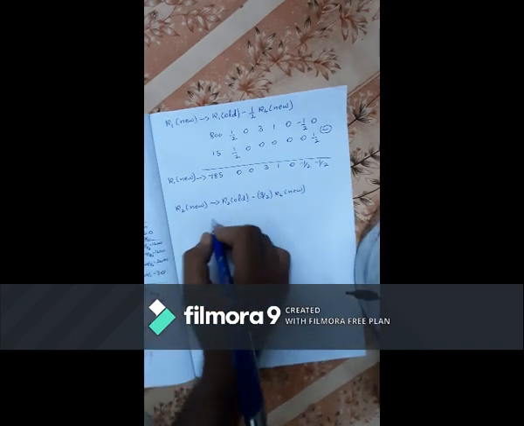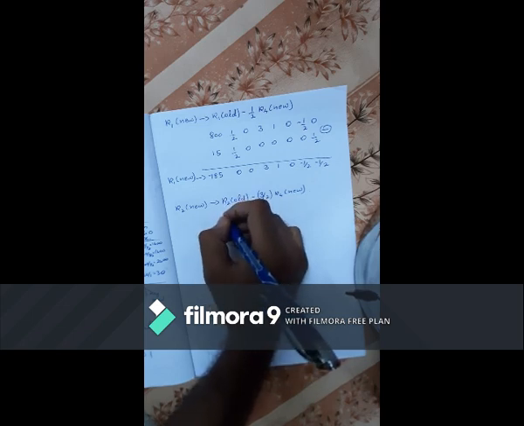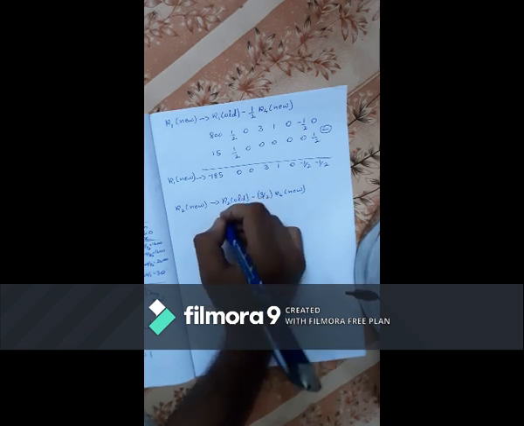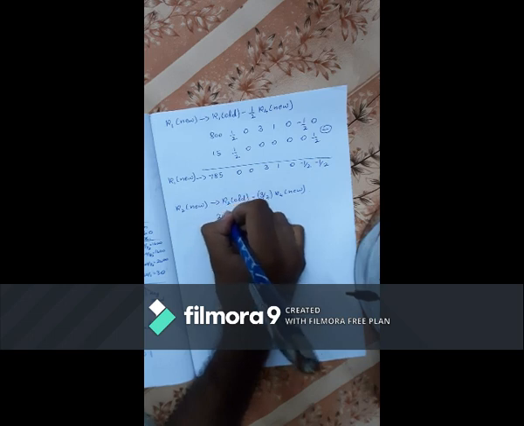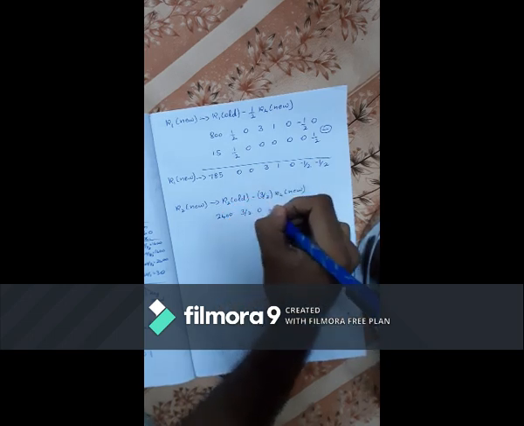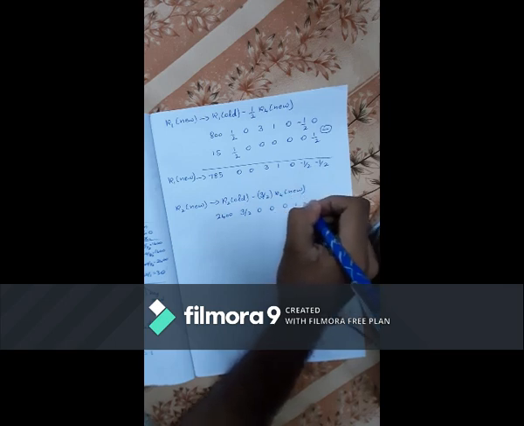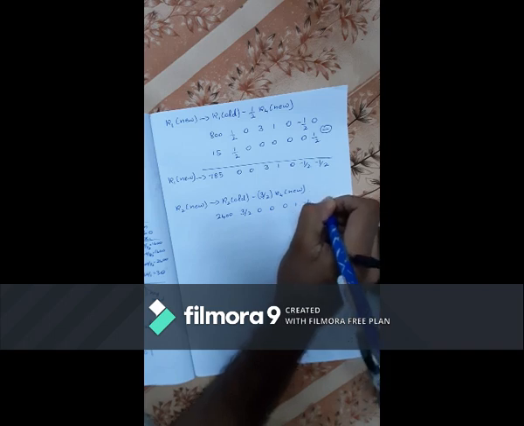Okay. What is R2 old? R2 old is 2400, 3 by 2, 0, 0, 0, 1, negative 1 by 2 and 0.